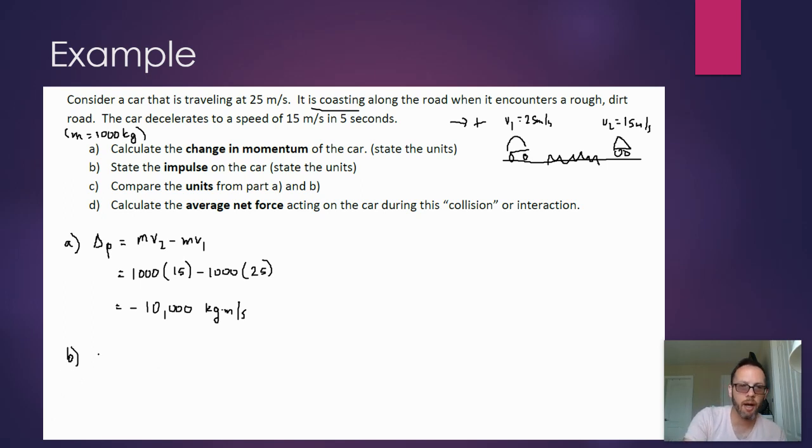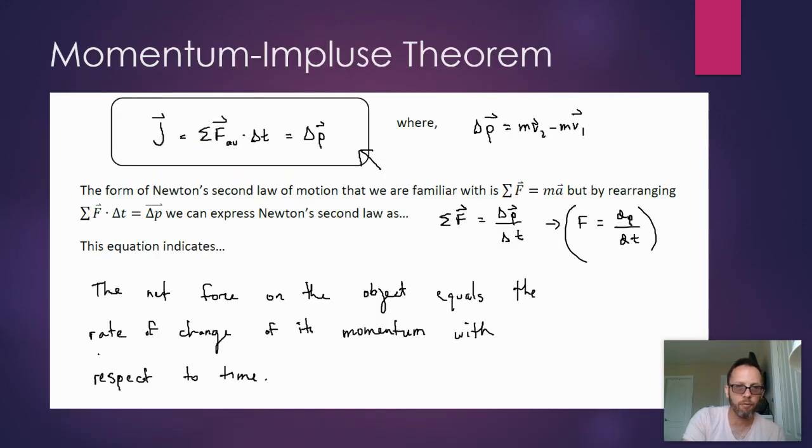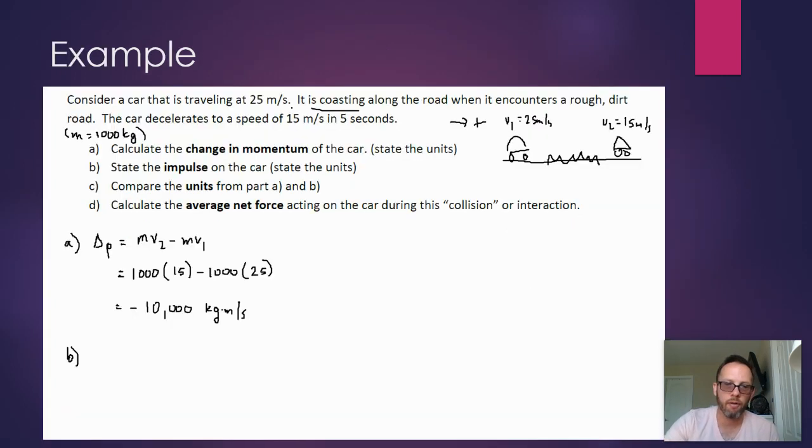You know what? I think I wanted to make a point, if you guys would flip back with me to the momentum impulse theorem, something I want to point out. We know the units of momentum are kilogram meters per second. Check out the units of impulse: force times time, newtons times seconds, newton seconds. Those two units are equivalent.